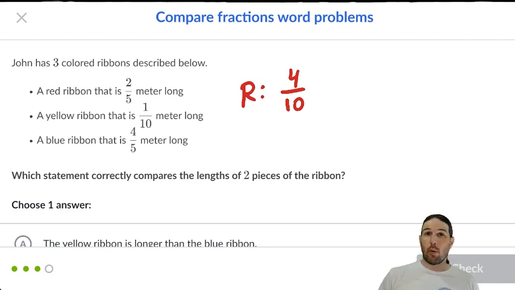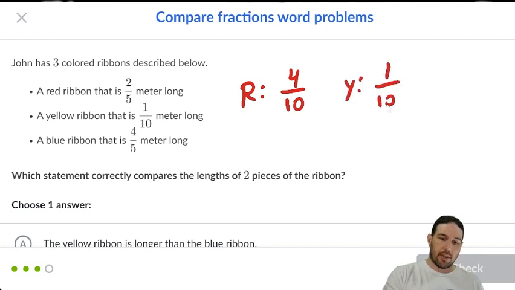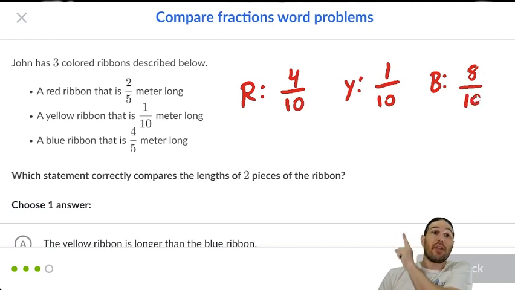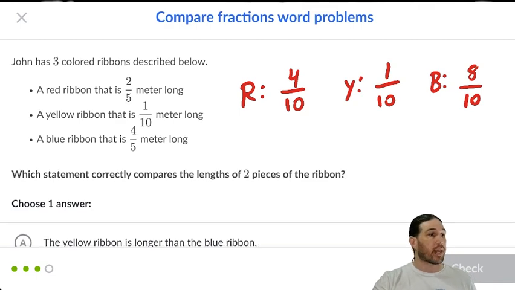Again, at this point, hopefully you can follow me through this. We've got a yellow ribbon that is 1/10. And we've got a blue ribbon that is 4/5, which is the same thing as 8/10. So with this information in mind, we should be able to answer the next question pretty quickly.